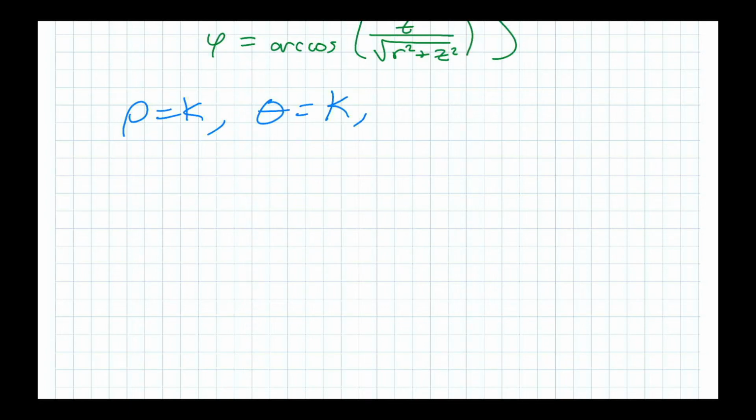And phi. That looks like a gamma, let me rewrite this. Okay, phi equals a constant. What surfaces do you get?